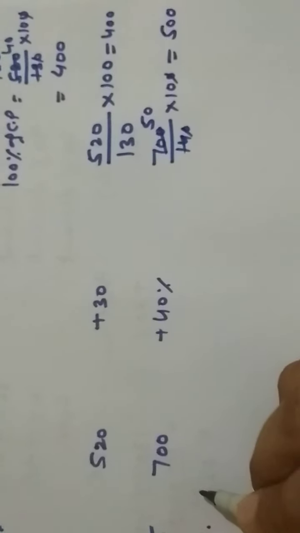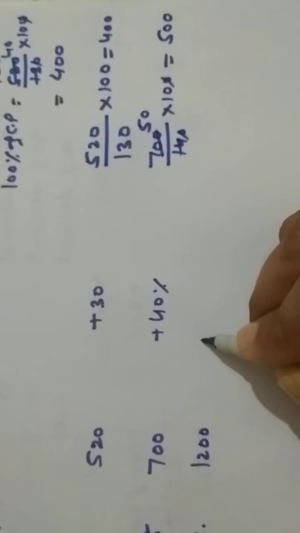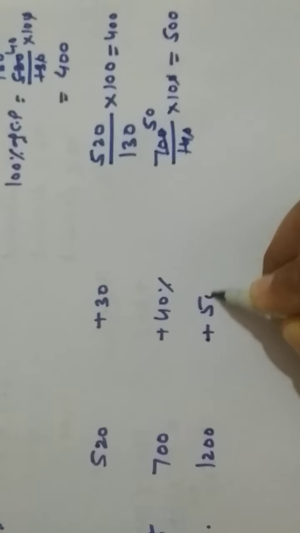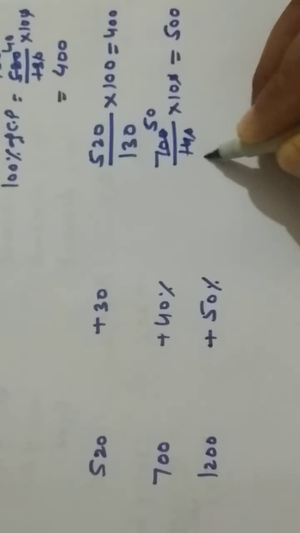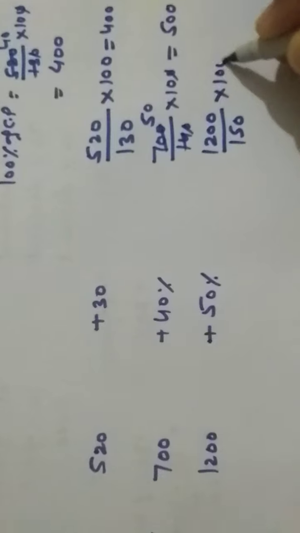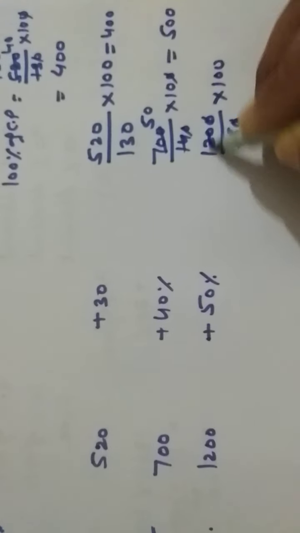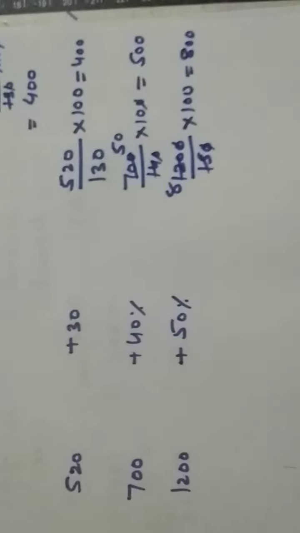Let us take another example. The selling price is 1200, we get profit 50%, and cost price is 1200 upon 150 into 100. The 0 and 0 cancel, 15 8s are, so that is equal to 800 rupees.